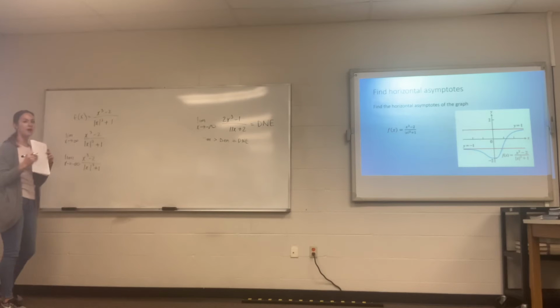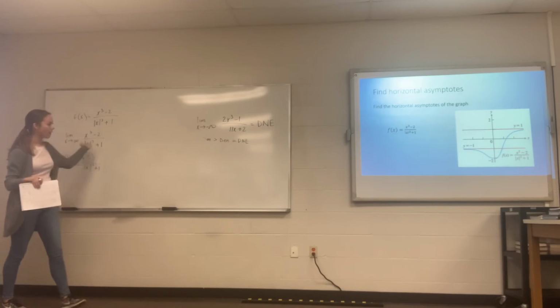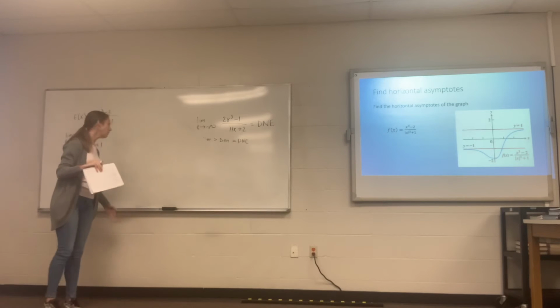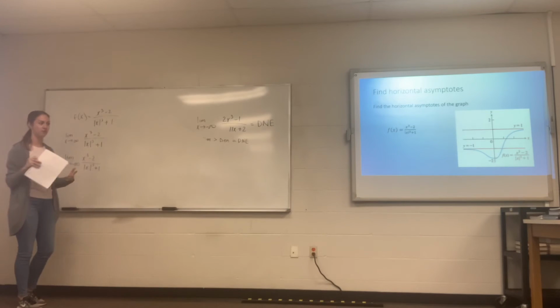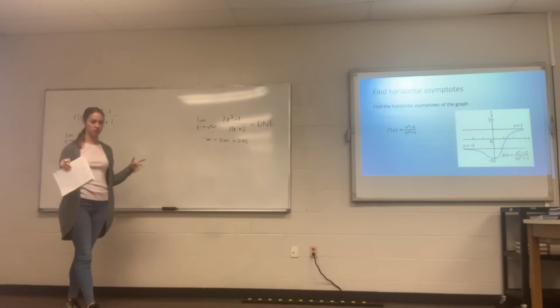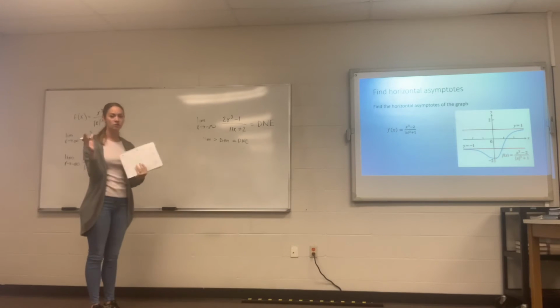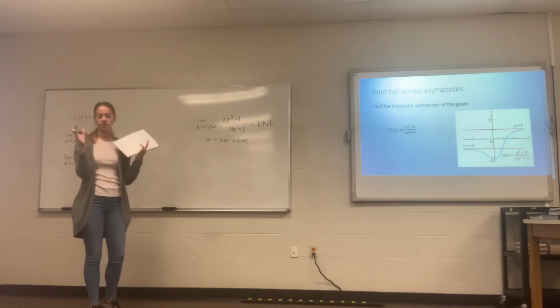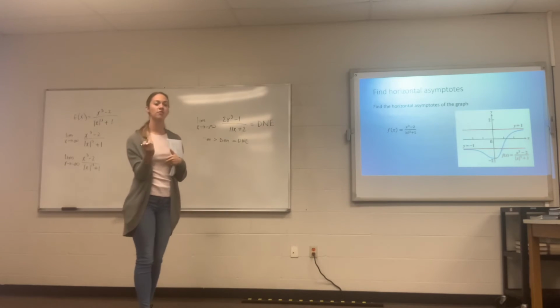Now, if I'm going out to positive infinity, I'm going to plug a positive value in here, so it will be positive. If you think all the way back to solving absolute values, we just drop our absolute value signs and keep it positive.